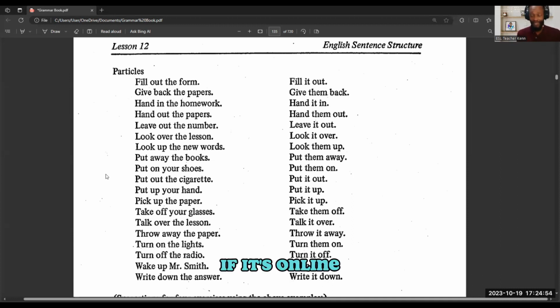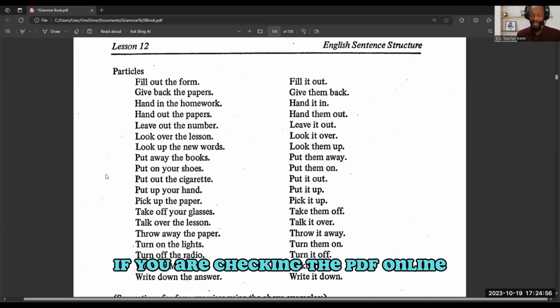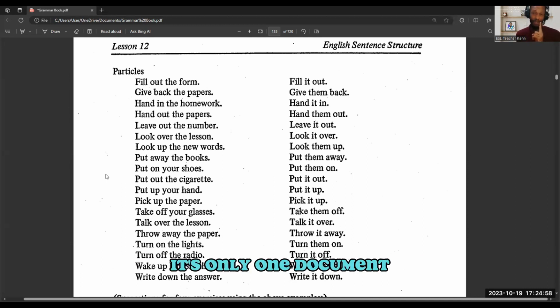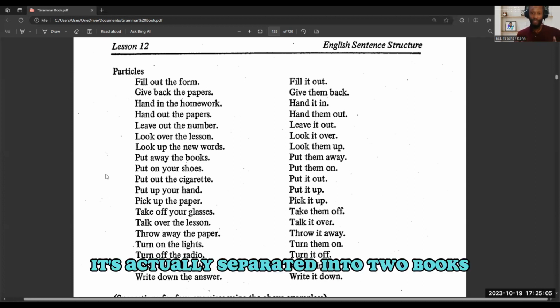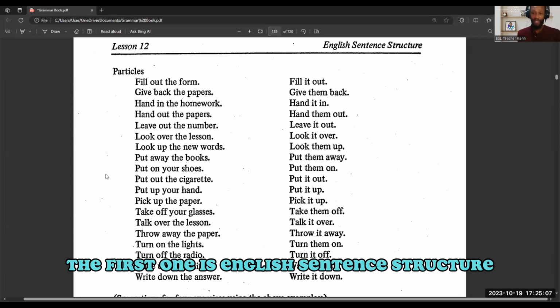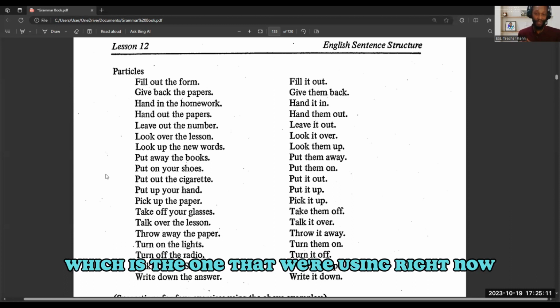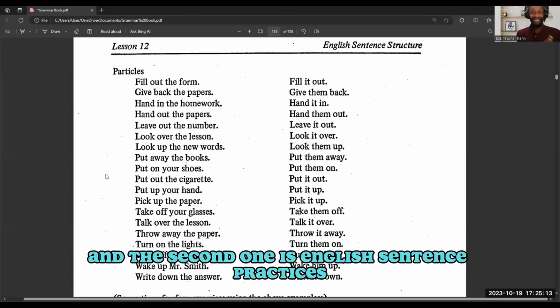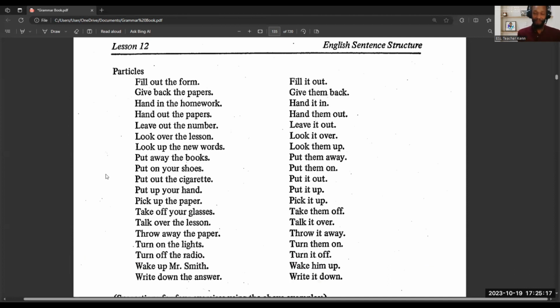If you are checking the PDF online, it's only one document. But in its physical form, it's separated into two books. The first one is English Sentence Structure, which is the one that we're using right now. And the second one is English Sentence Practices.